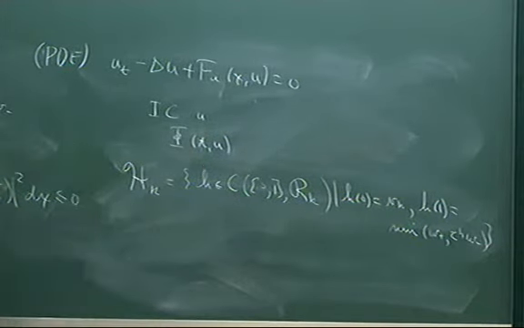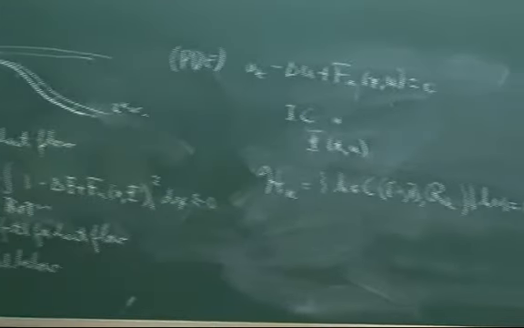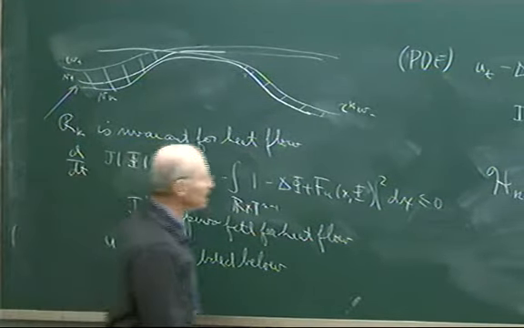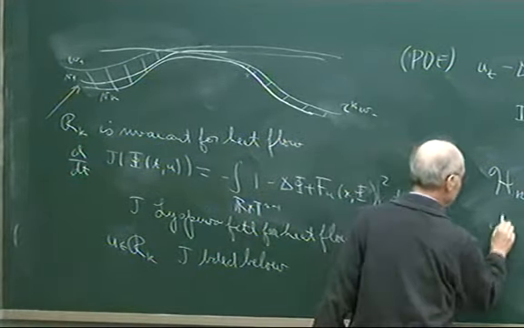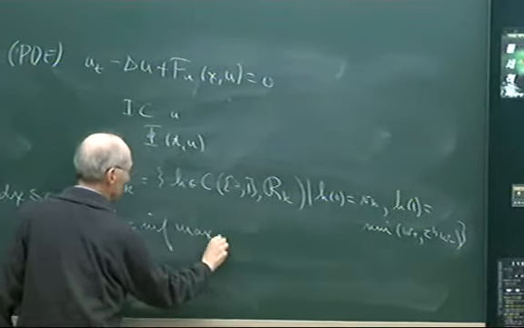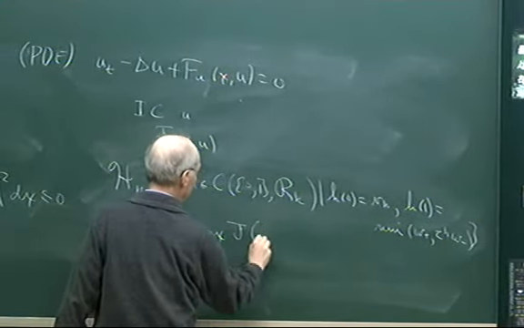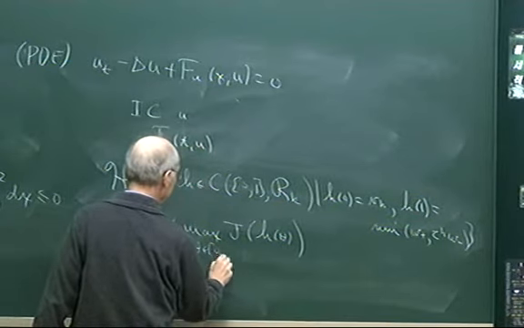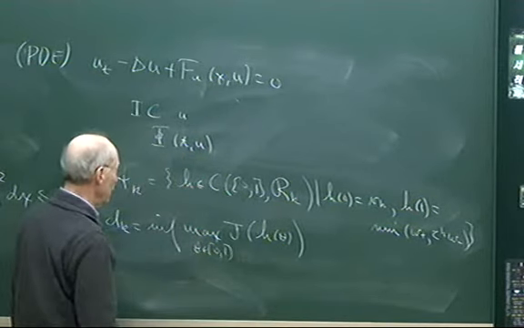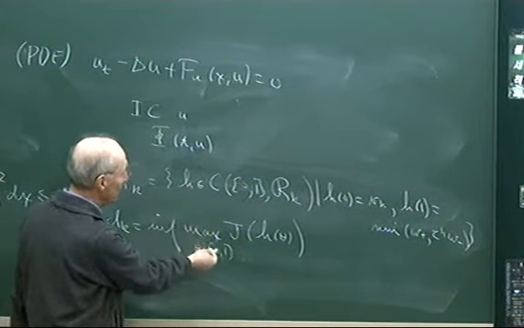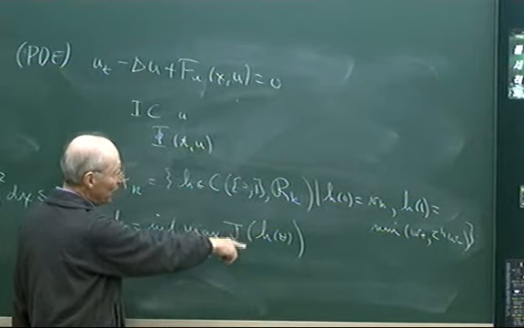So we take a homotopy of functions which start off at vk and wind up at the upper end of our region. And now let's define dk equal the inf max of J of h of theta for theta in [0,1]. So for any such homotopy, we'll evaluate J along it.